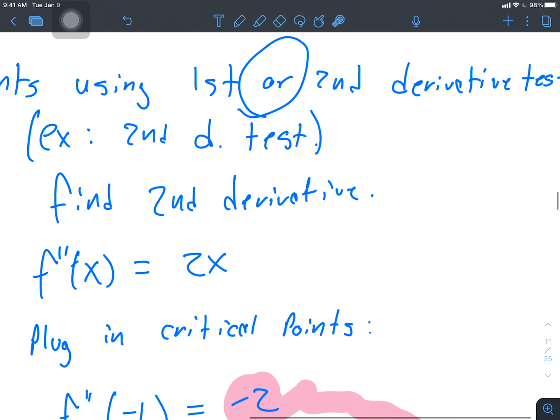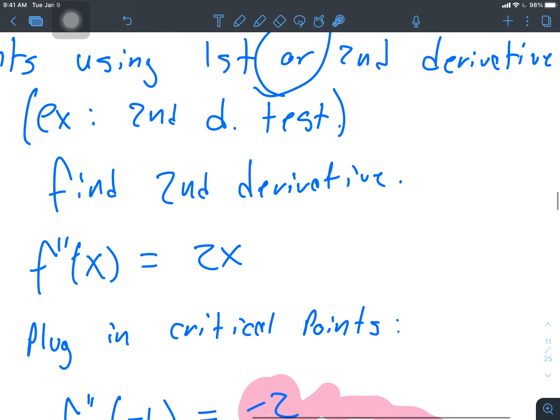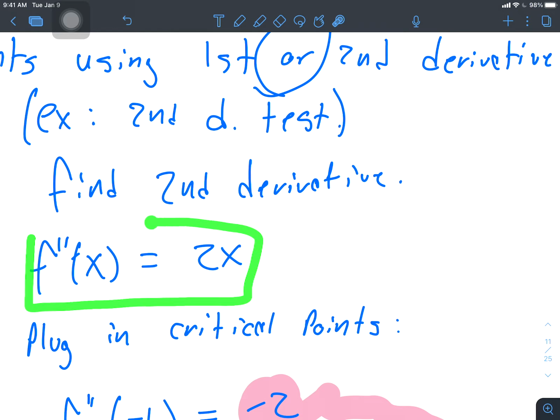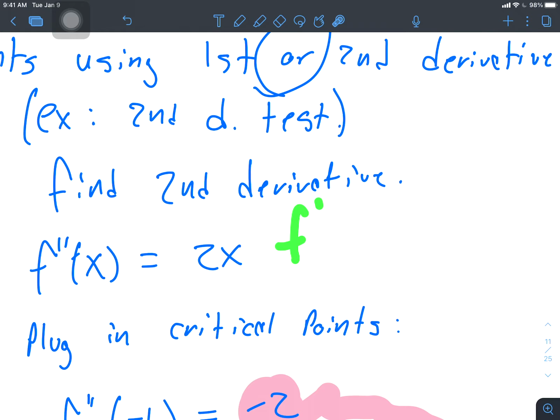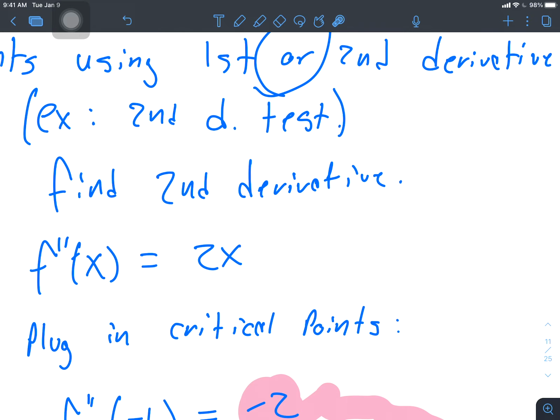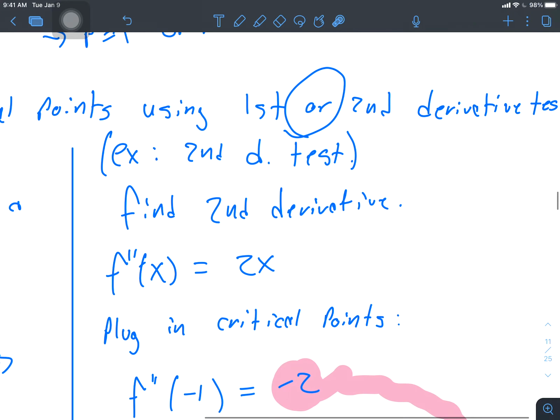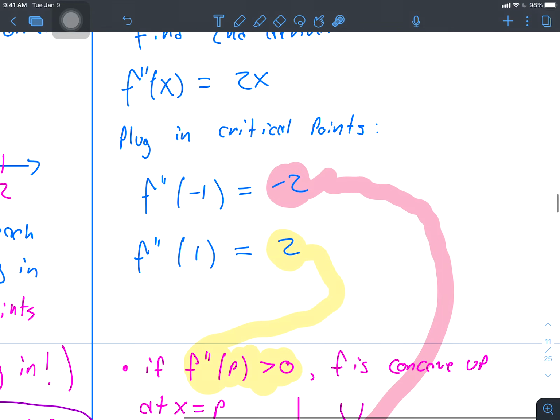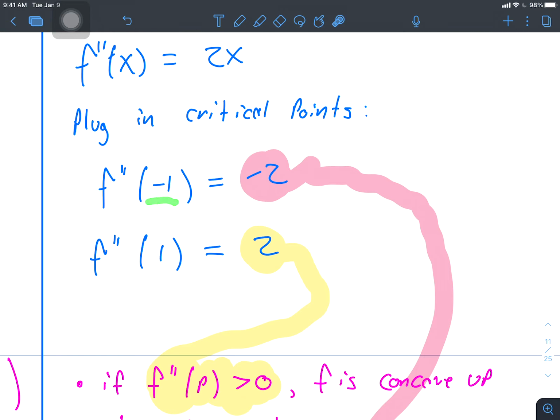So if I take the second derivative, I get 2x here. This is coming from the fact that, recall, f prime of x was x squared plus 1. So I take its derivative. That tells me what f double prime is. So x squared plus 1, its derivative is 2x. And now I'm just going to plug in the critical points. So when I plug in negative 1 into 2x, I get negative 2. If I plug in 1 into 2x, I get 2.